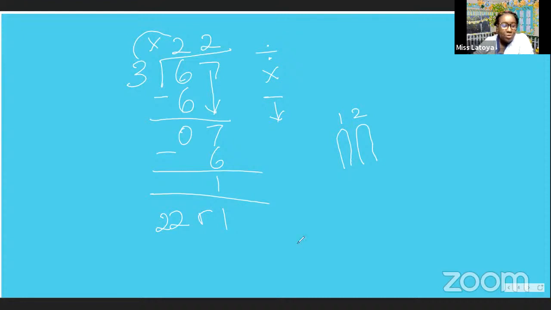For those of you on the chat, let's see if you remember. What is the 3 called? I can see my chat, so you'll respond. Do we know the parts of a division sum? The 3 is called what? It begins with a D. Come on.